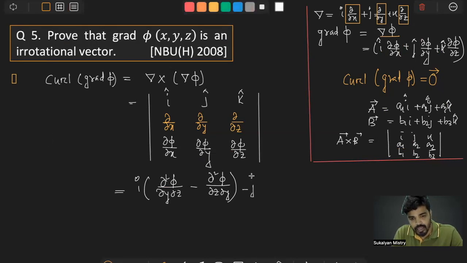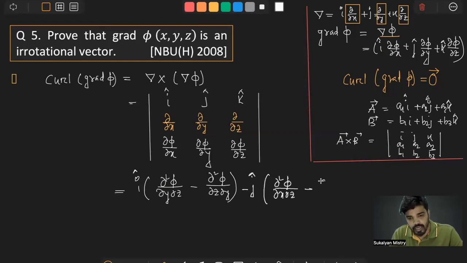Plus minus j cap, so that is equal to del x of del phi del z, so del 2 phi del x del z, minus del 2 phi del z del x.